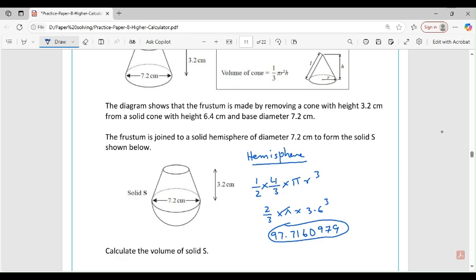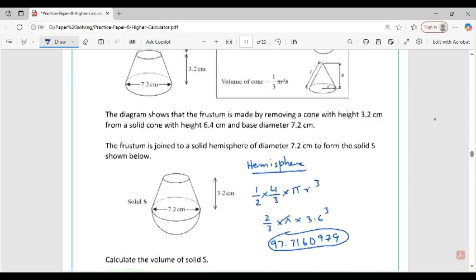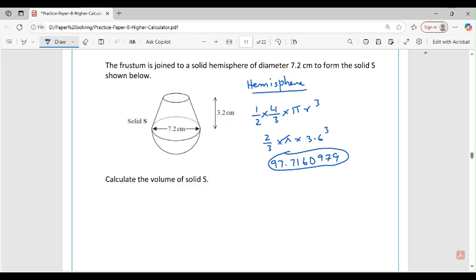Now when it comes to a cone, the formula of a cone is 1 over 3 pi r squared times the height. Now in here we have two different cones. One is a big cone and one is called a smaller cone.